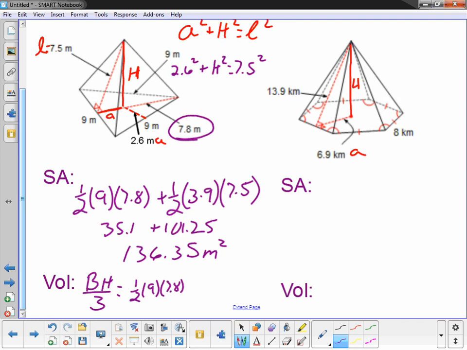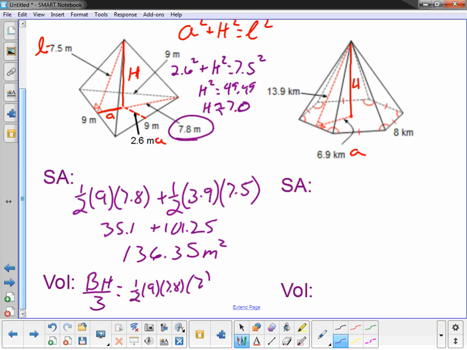Solving for h, I take 7.5 squared minus 2.6 squared, so h squared is 49.49. To find the actual height, I square root that number and get somewhere around 7.03. I'll call it a height of 7 for easy math.